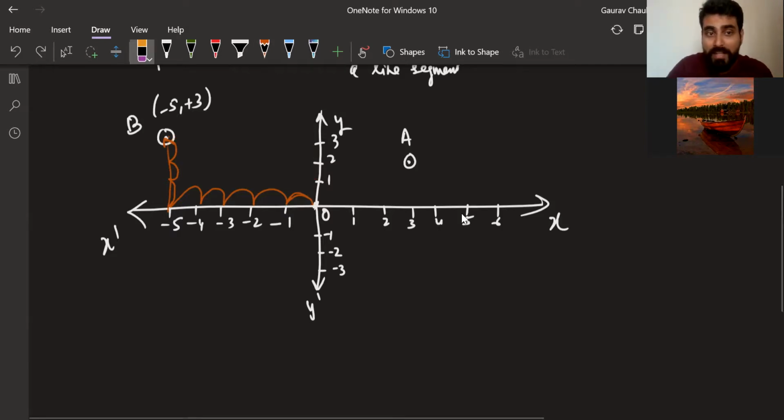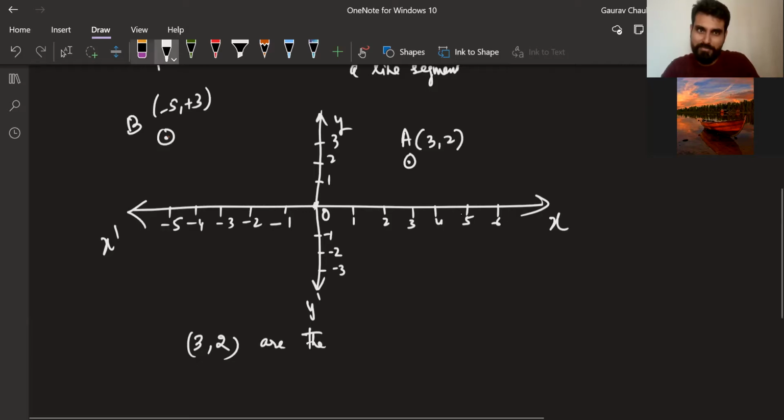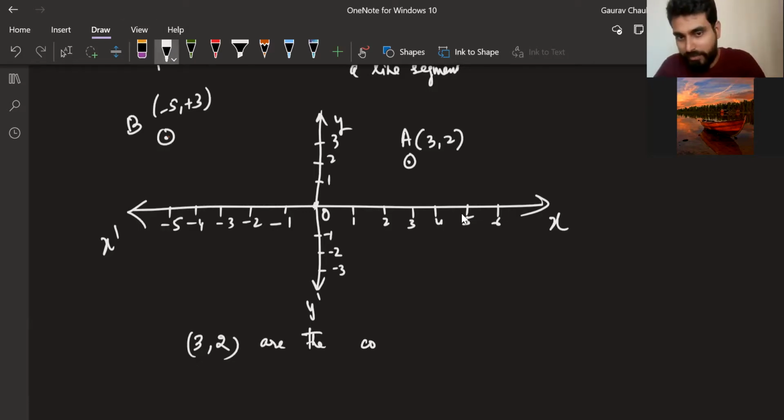Now, as we saw here, next to A, we can write 3, 2, okay? 3, 2 are the coordinates of A. I'm not sure if you say "is" or "are", I don't know if you call it plural.